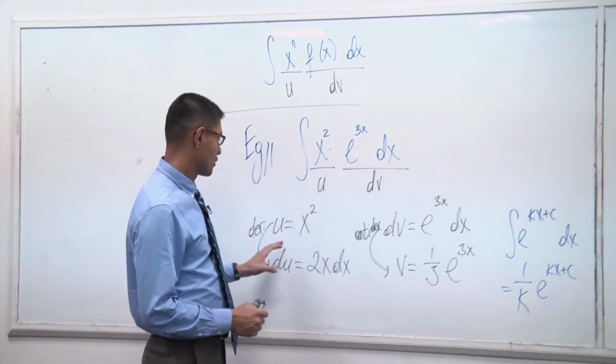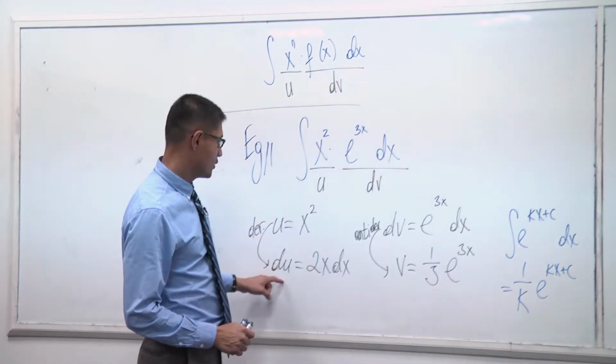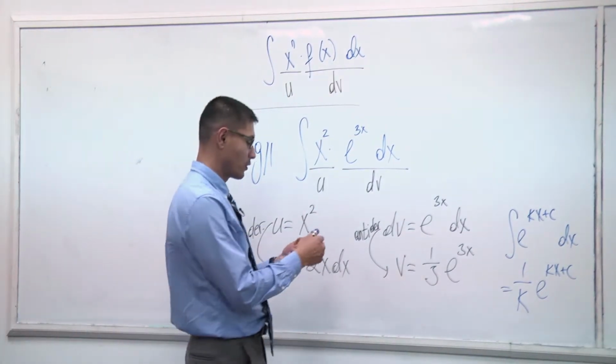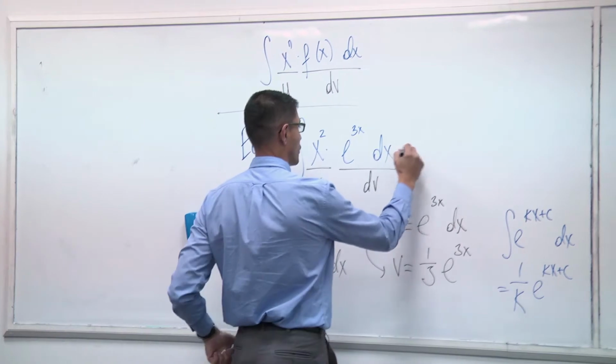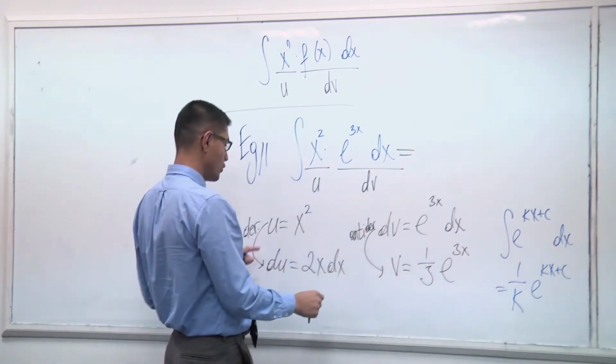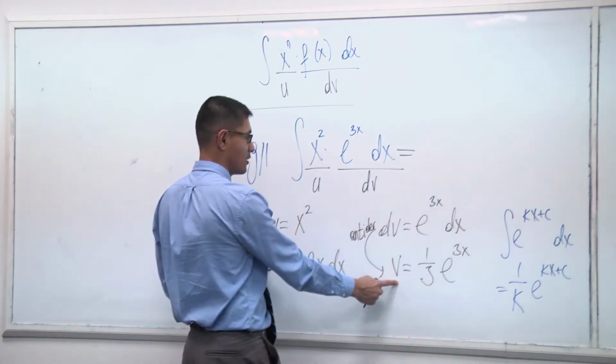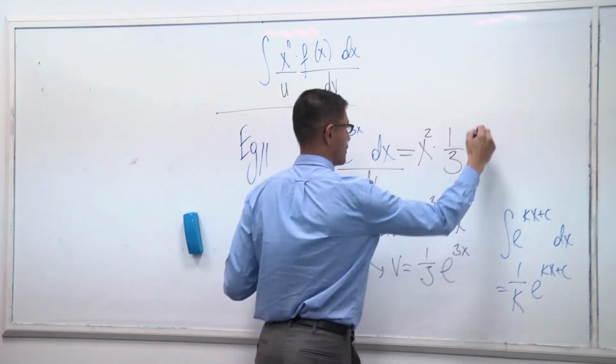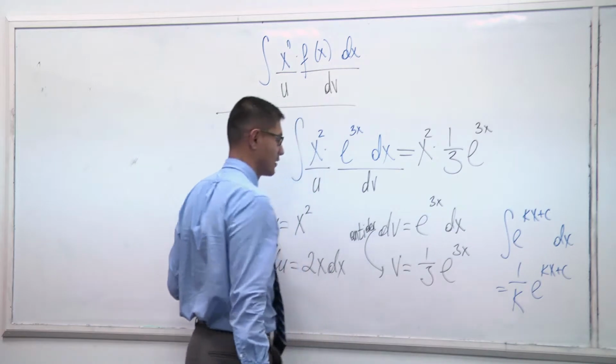All right, so we found du, we found v. Now let's put everything into the formula for integration by parts. So according to the formula, we have to do u times v. So that will give us x squared times 1 over 3 e to the 3x.